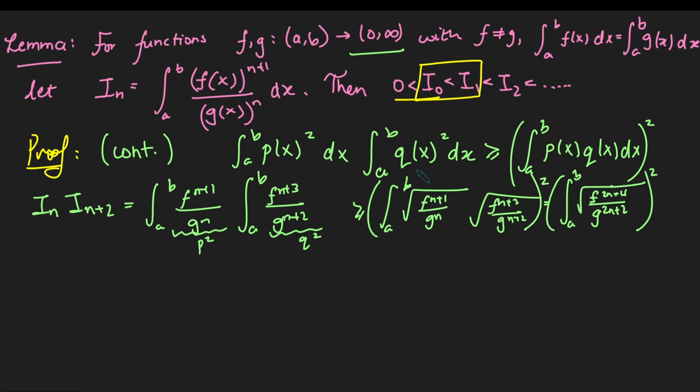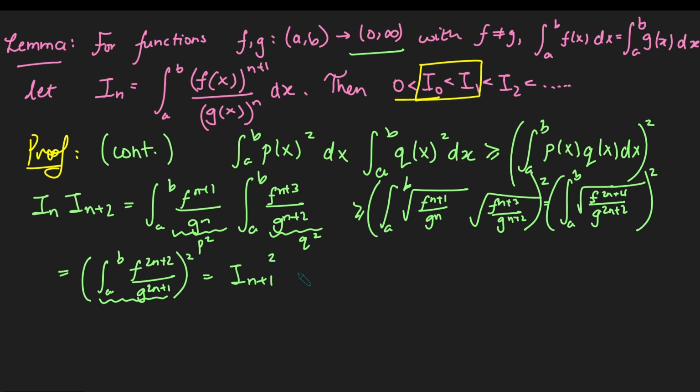But now because 2n plus 4 and 2n plus 2 are both even numbers, I can just square root this. And so this is the integral from a to b of just f to the n plus 2 over g to the n plus 1, all squared. But now that integral there is precisely I(n+1). So this is just I(n+1) squared.